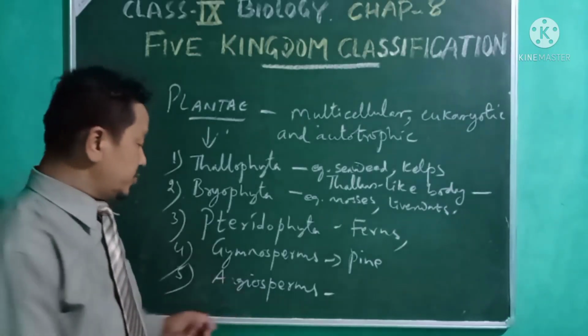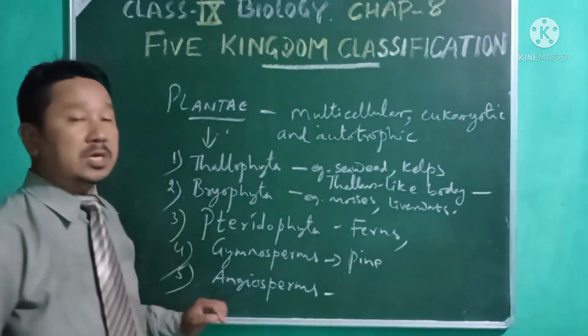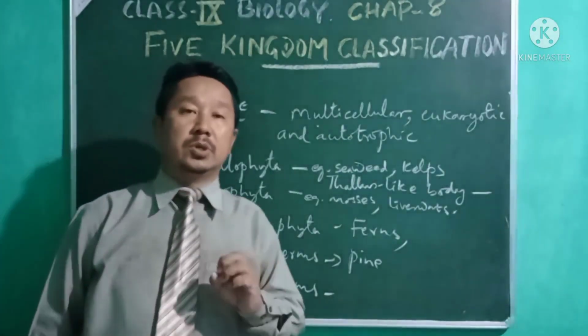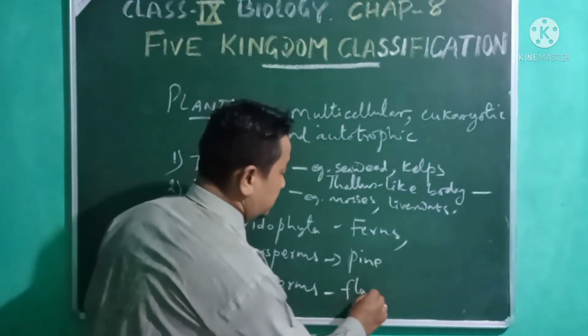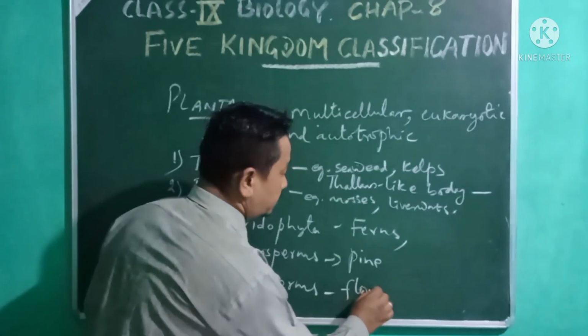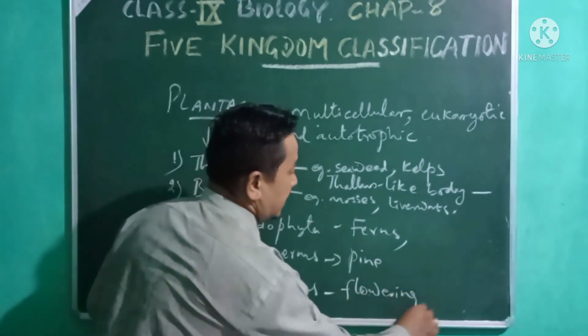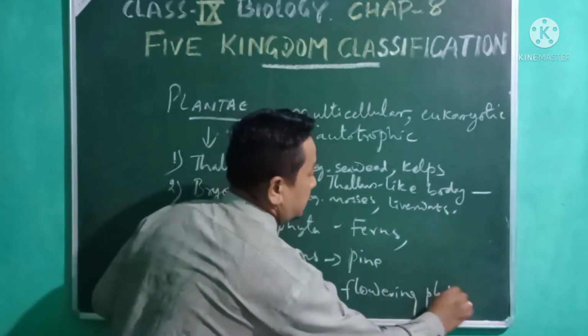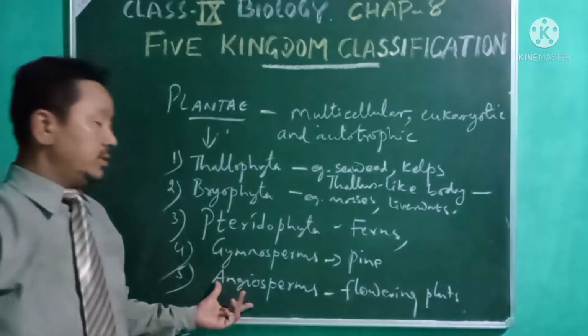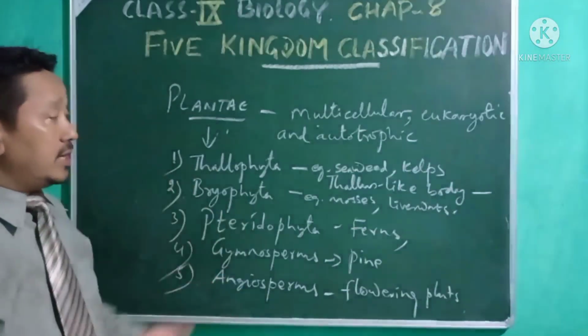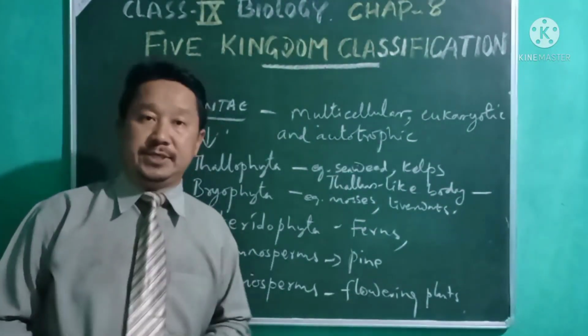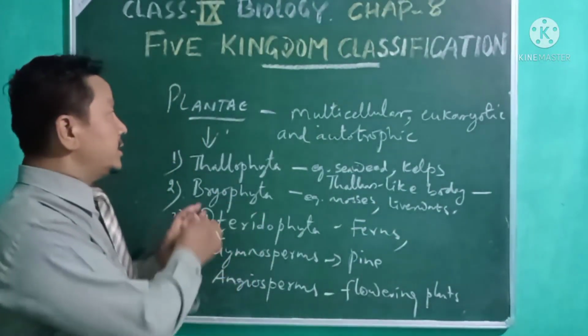And angiosperms are all the flowering plants. So these are the examples, but they all have their own properties. That's why they are given different classes.